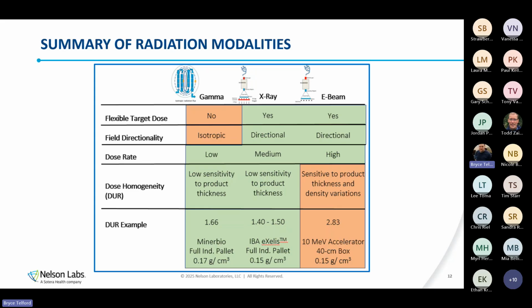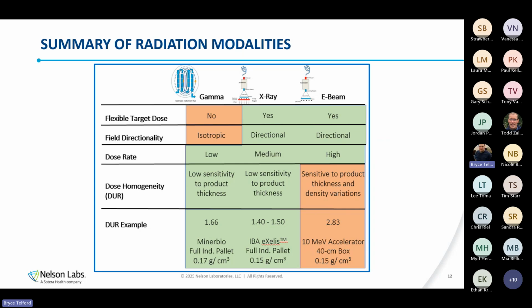Instead, again, going to a cooking analogy, I have hot spots, I have cold spots. So I end up with a dose uniformity ratio, which is my ratio between my hot spot and my cold spot. If I have a 1.6 multiplier and I have 25 kilogray, my range is going to be 25 to 40 kilogray, which you've probably heard in the industry because that's a fairly common range.